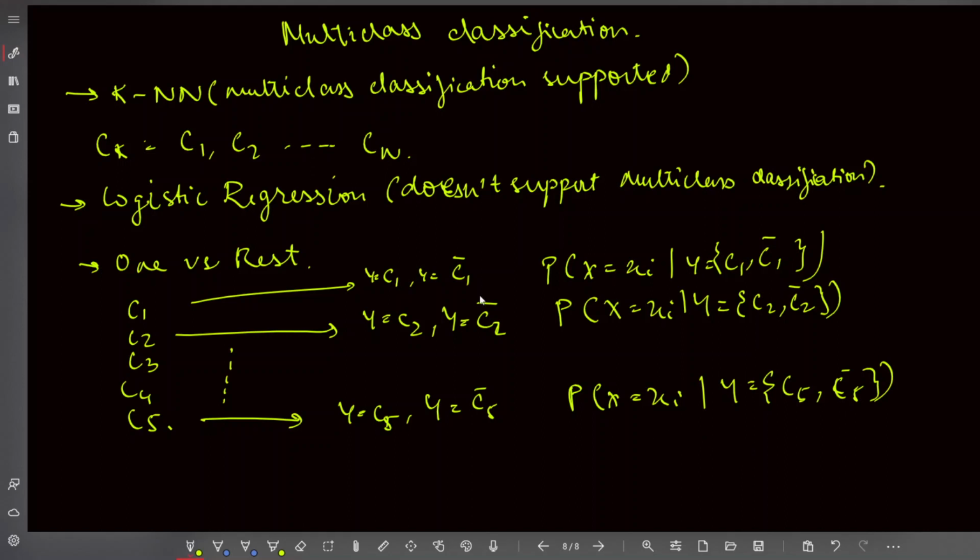So when you have these conditional probabilities, you would then check which one of these probabilities is the highest, and whichever is the highest, you would take that class as your data point prediction. This is how you deal with multi-class classification for a model that doesn't support it. It's called the one versus rest classifier.